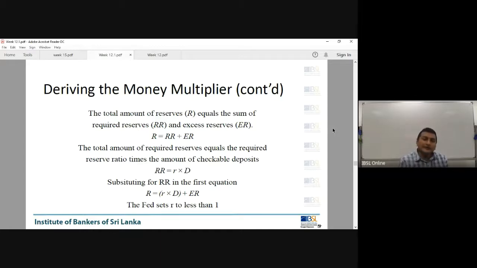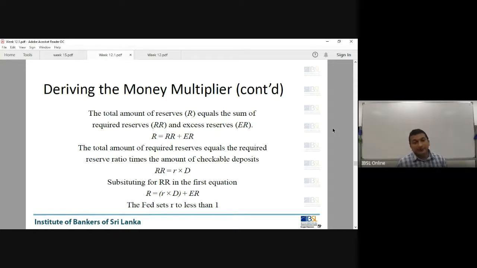So always the central bank sets this small r, or required reserve ratio, less than 1. Actually, it would be set very close to 0, right? When you say less than 1, they would not set 0.9. That means 90%. Of 100 rupee deposits, you have to keep 90% with the central bank. 50%, no. They would always be looking at something very close to 0, 1%, 2%. It's towards the lower side.